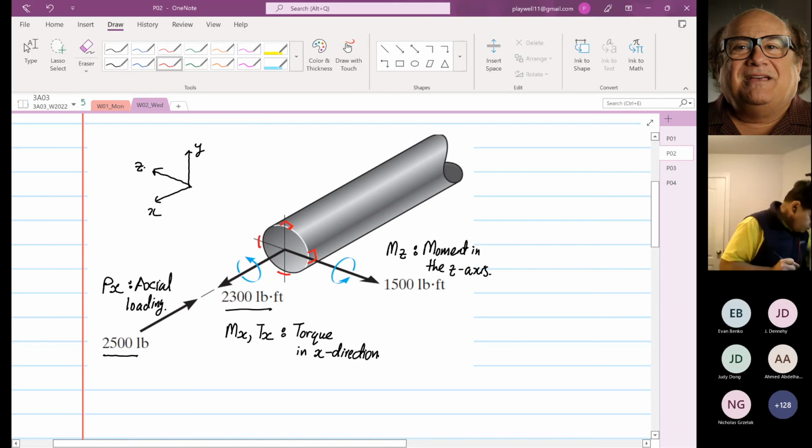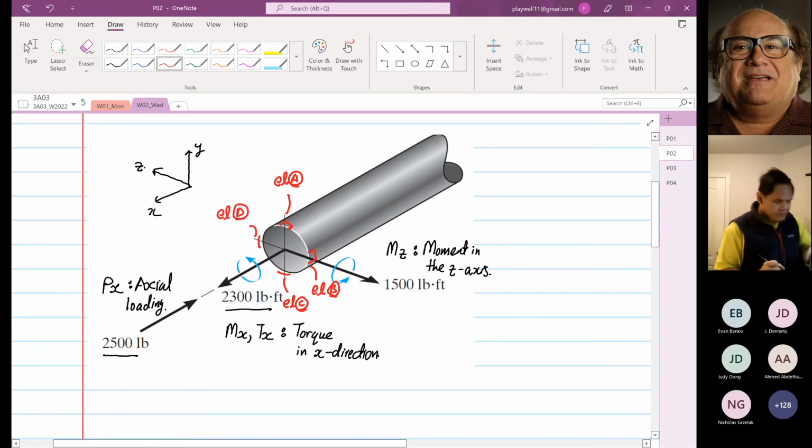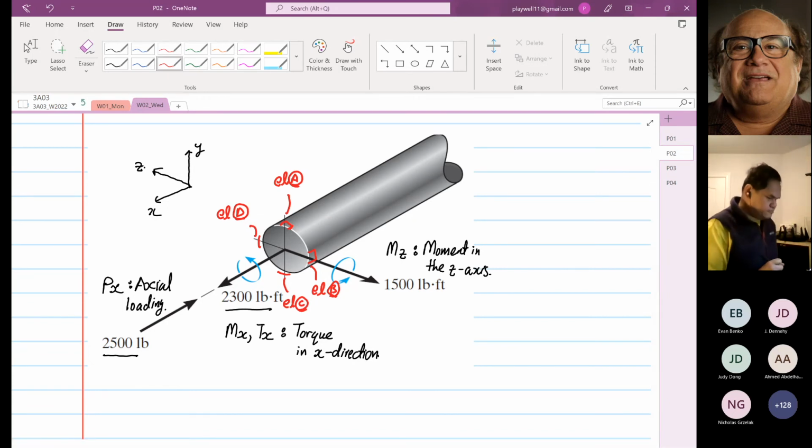Then I'm going to give them names. The one at the top is element A. Then we have element B, element C, and then element D. So we have elements A, B, C, and D. By looking at all these elements, we need to know which element will fail.